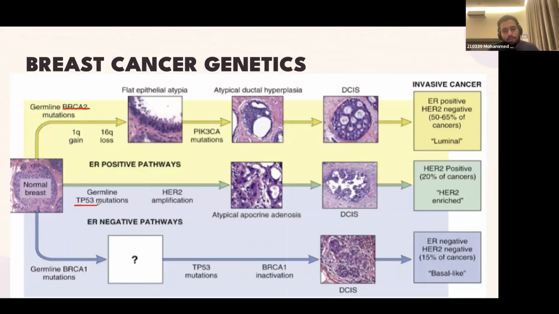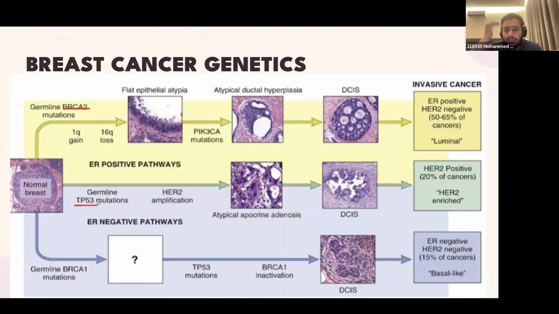The other receptor is the progesterone receptor. So that's basically it. If they have a BRCA2 mutation, estrogen receptor positive, HER2 negative. If they have a TP53 mutation, HER2 positive, ER negative. If they have a BRCA1 mutation, they'll have double negative or, typically, triple negative.